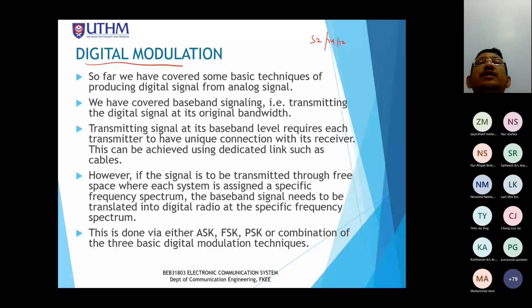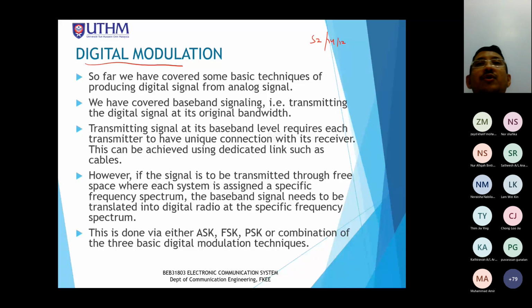We want to convert into RF signal, radio frequency signal. So this is also known as the digital radio transmission. For this topic, we are going to use analog carrier. We are going to do the modulation of analog carrier with the digital code word.